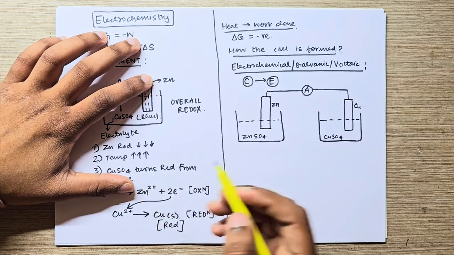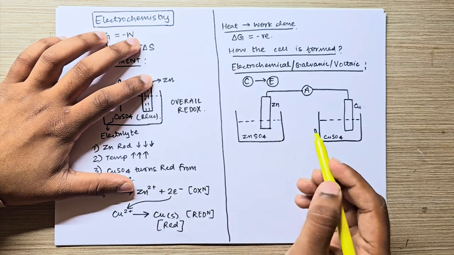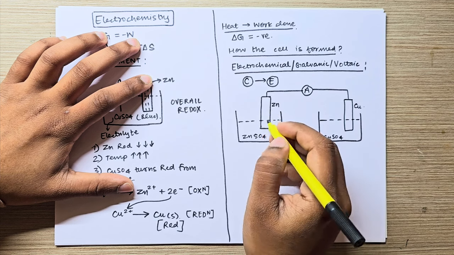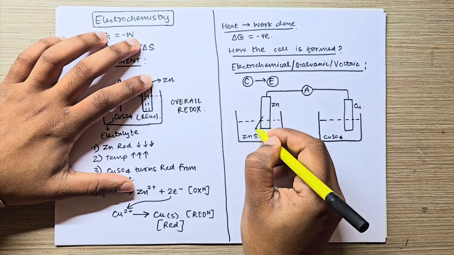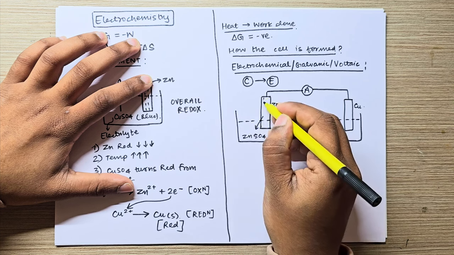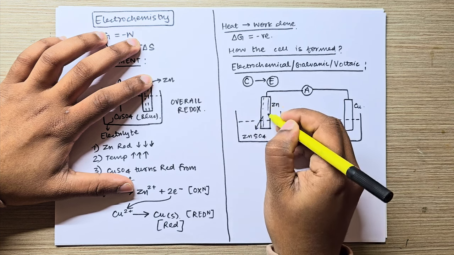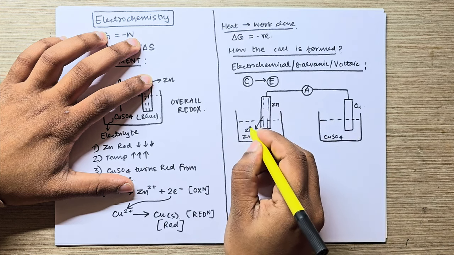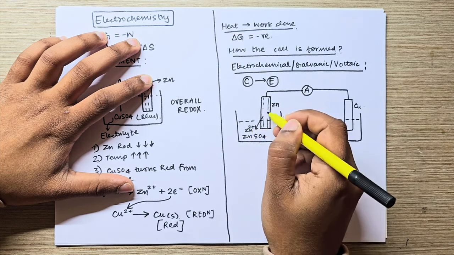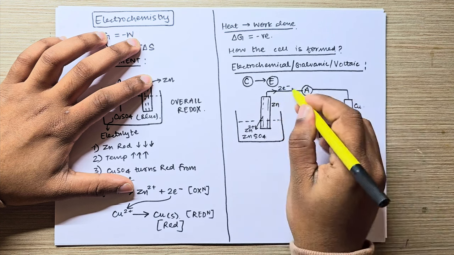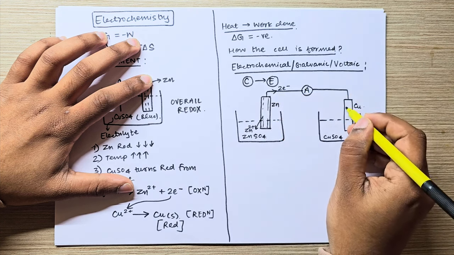Now based on the electrochemical series, this Zn loses its electrons. This Zn becomes thin after some time, gets into the solution and loses two electrons. These electrons are transported through the wire to the copper strip.